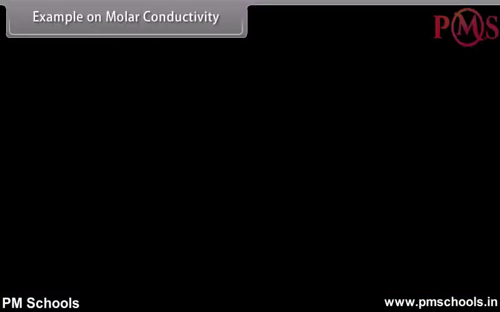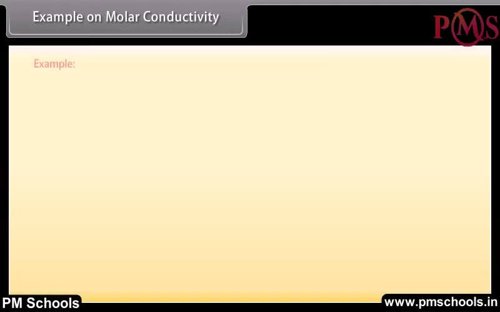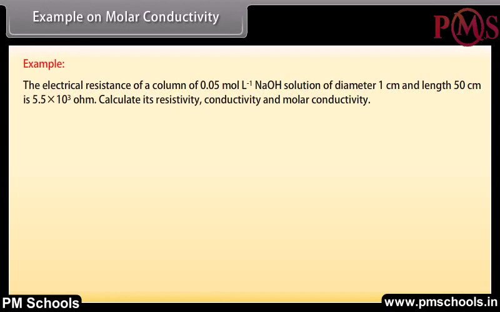Example on molar conductivity. Let's take an example of molar conductivity. The electrical resistance of a column of 0.05 mole per liter NaOH solution of diameter 1 centimeter and length 50 centimeter is 5.5 into 10 raised to the power 3 ohm. Calculate its resistivity, conductivity and molar conductivity. Let's see the solution.